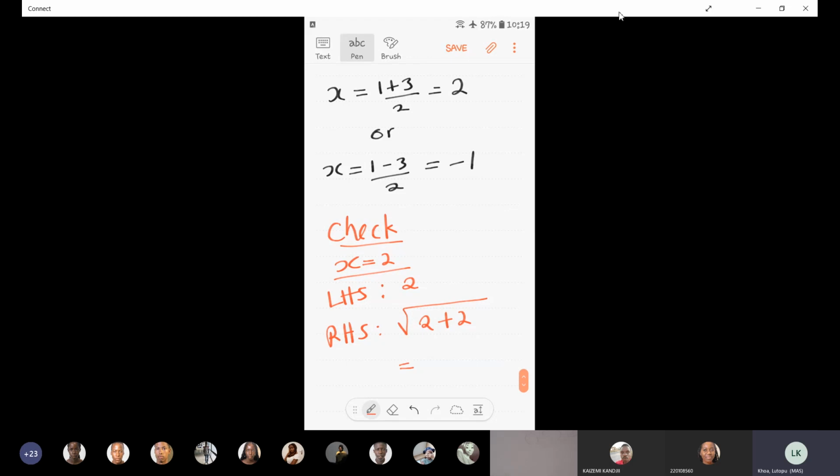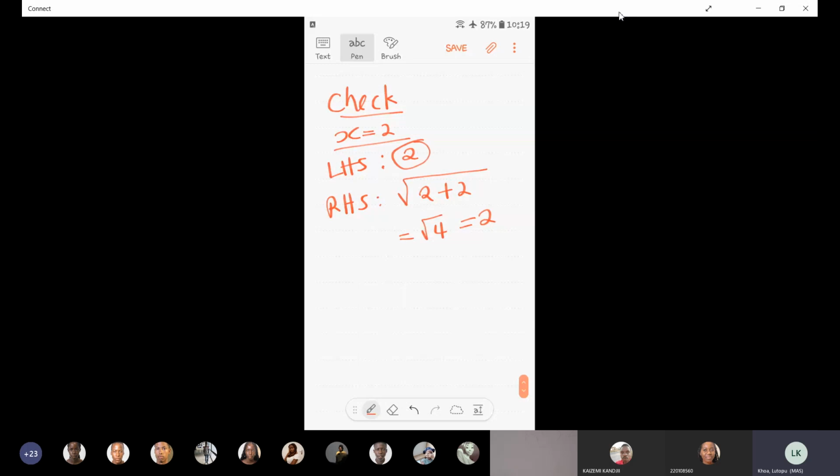And this is just equal to the square root of 4, which is equal to 2. Then I compare the left hand side with the right hand side. Those two are equal. So I say left hand side is equal to the right hand side. Therefore, x equal to 2 is valid. So it's valid, or it is a solution, something to that effect.